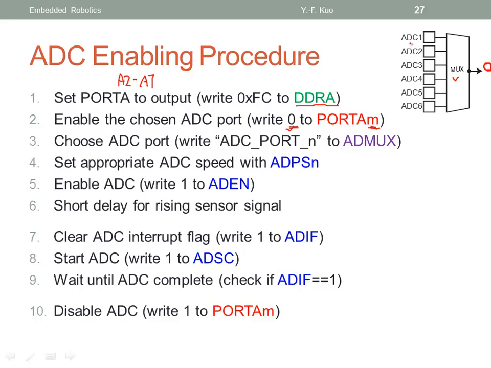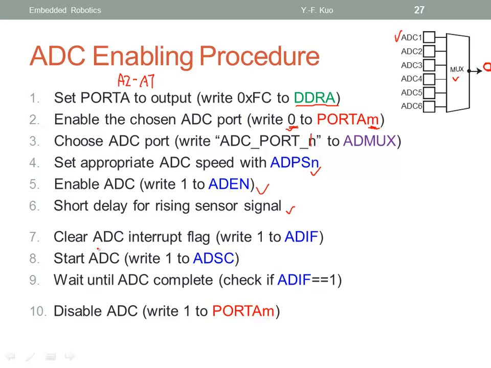For example, if we want to use ADC1, we have to write ADC port 1 to the ADMUX. And then next we set the appropriate ADC speed, and I've shown this, and we enable ADC, I've shown that. Then we need a short delay for the sensor signal to rise. It takes some time for the ADC to convert the signal, and also for the sensor to start working, so we give a short delay there.